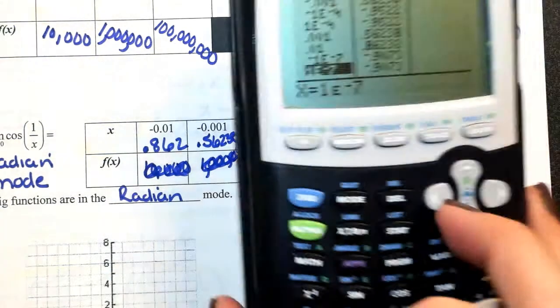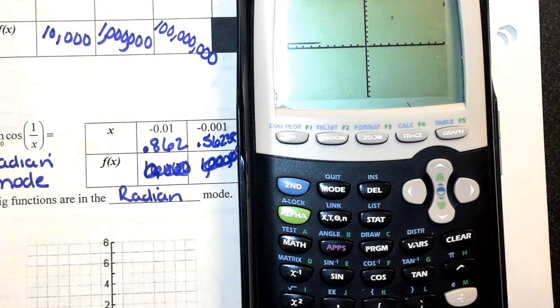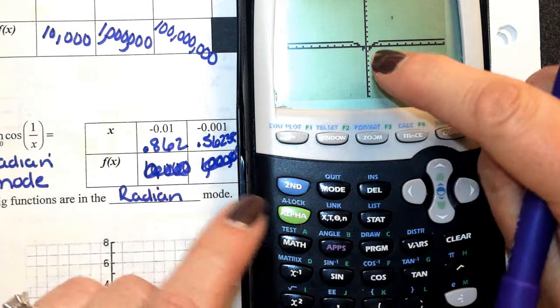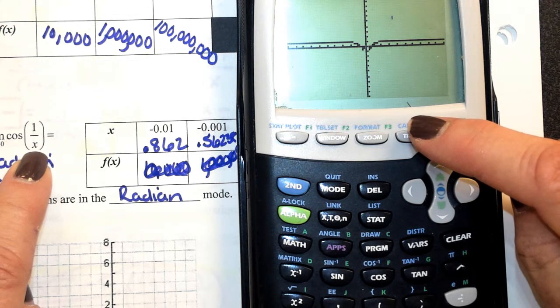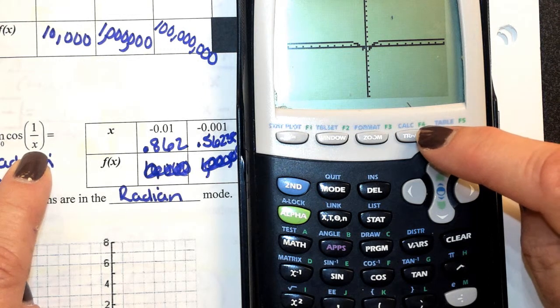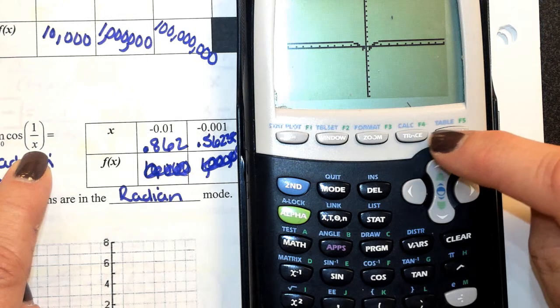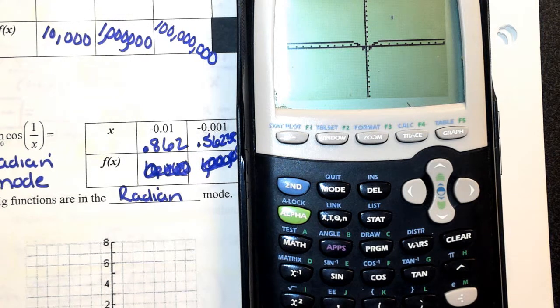If you look at the graph, this is what the graph of cosine of 1 over x looks like. And I know that if I do a direct substitution and plug in 0 for x, 1 over 0 is undefined. So I know that I'm going to have a hole down here.